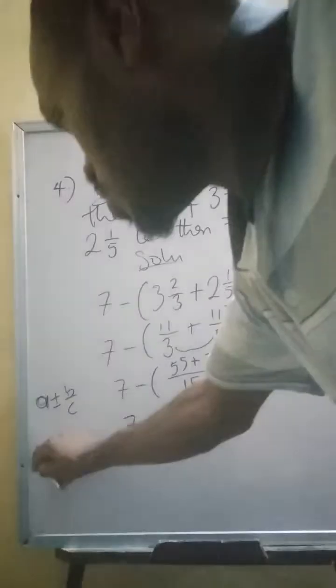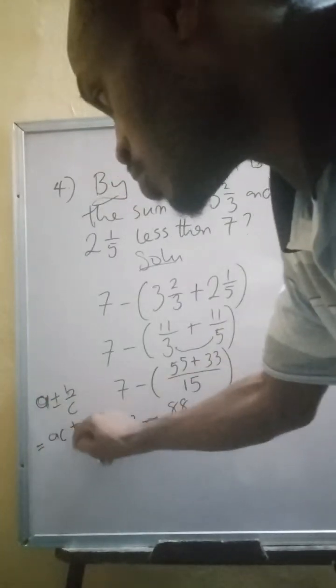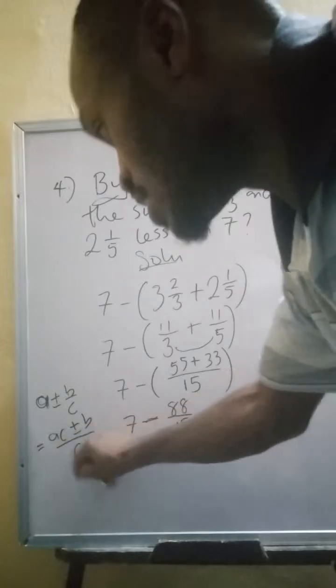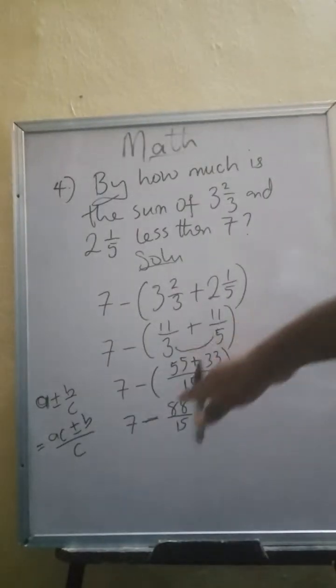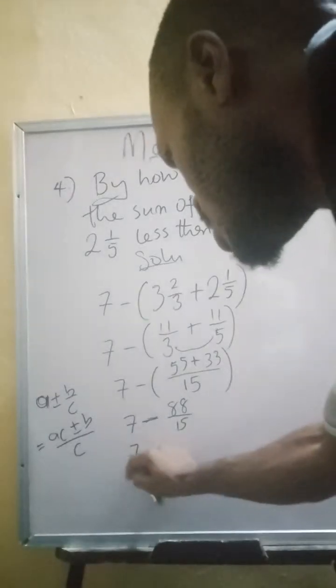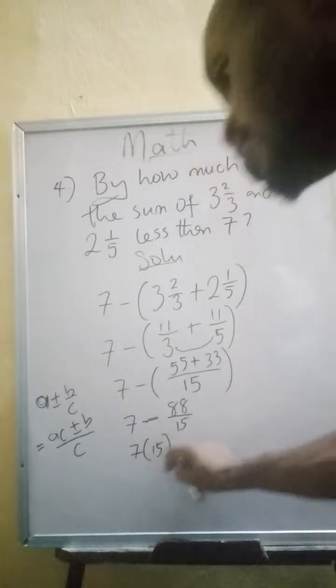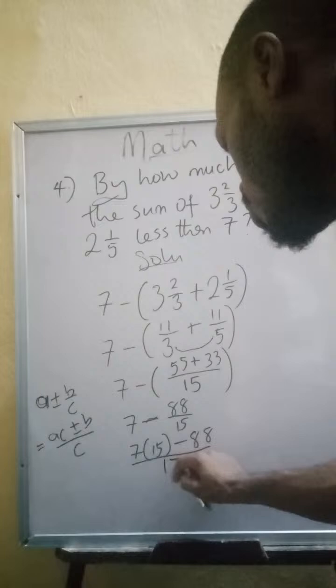This is the principle. It is A times C plus or minus B over C. Okay, so that's what I'm going to apply here. You have 7 times 15 minus 88 over 15.